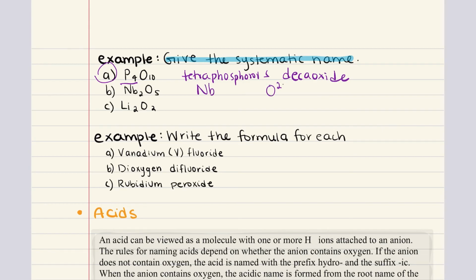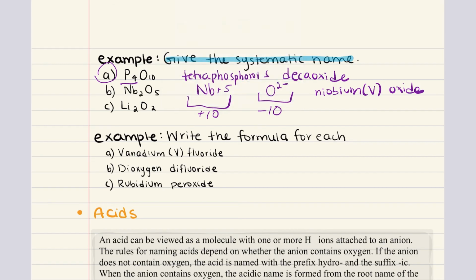We have 5 of these oxygen atoms. 5 times 2 minus, we have a total of minus 10 charge. If we're trying to compensate for it in terms of our cation charge to make sure that we get a neutral compound, what is the charge for niobium going to be if we have 2 of them? Well, it's going to be plus 5 for each to give us a plus 10 charge that perfectly cancels out with our minus 10 charge. And so then our name for this is going to be niobium(V) oxide. Simple.